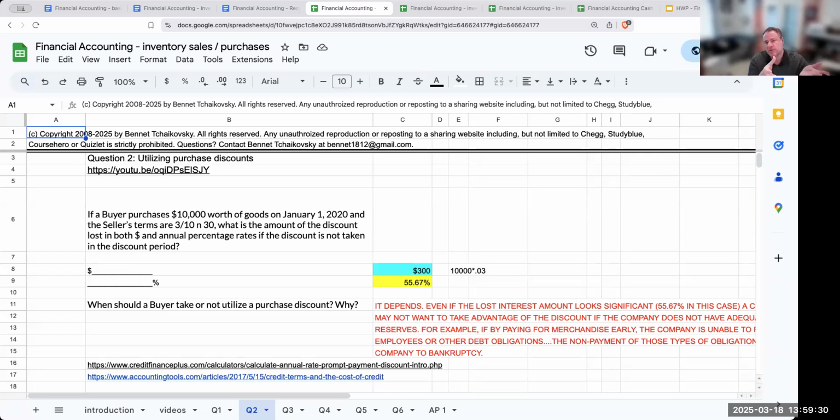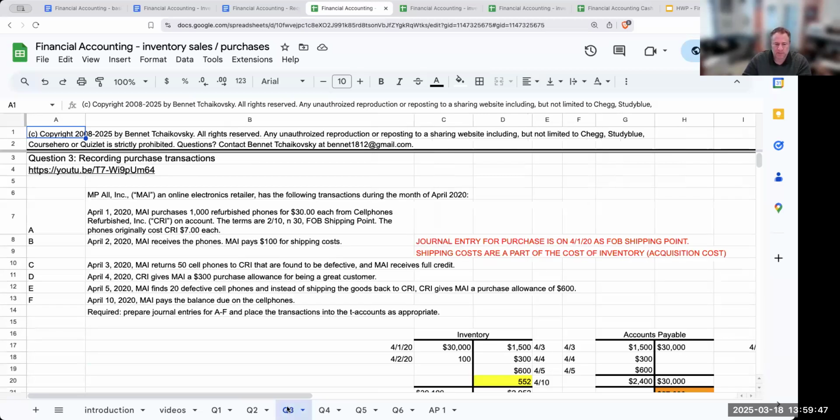And when you purchase that inventory, you're then going to have to sell it, and it may take time for you to collect. So just because you see a discount does not mean you should take it. Be very careful when you see those types of questions.